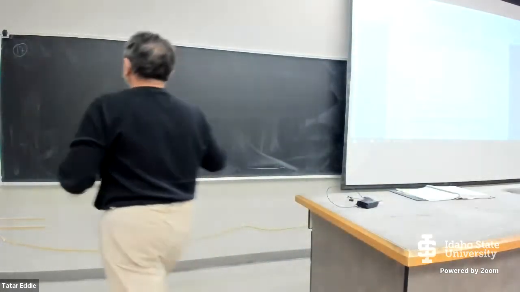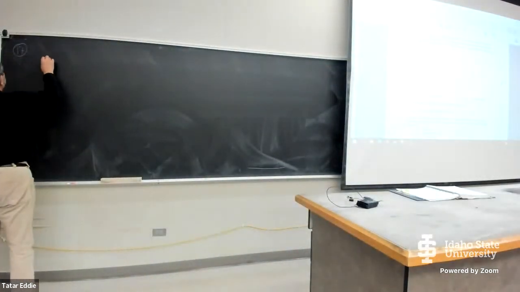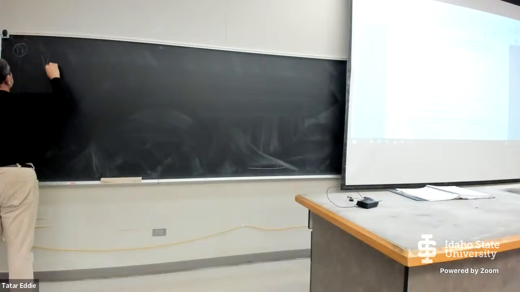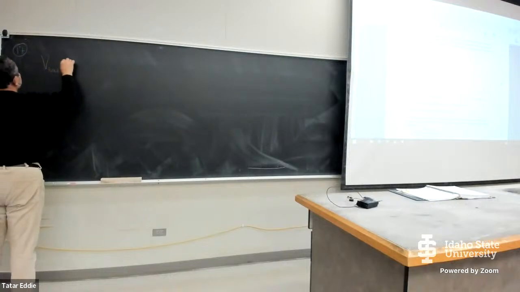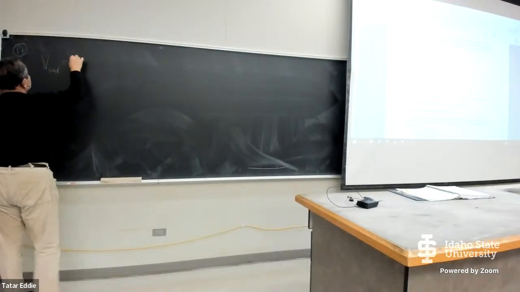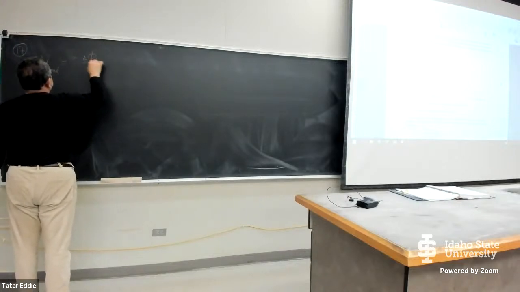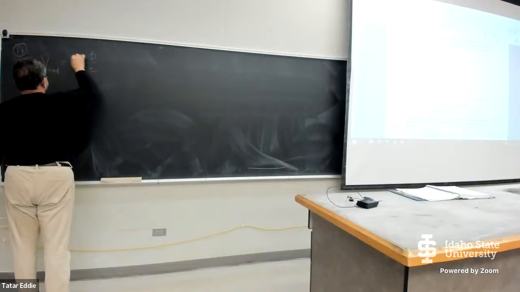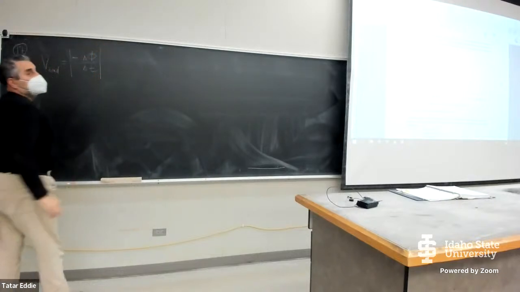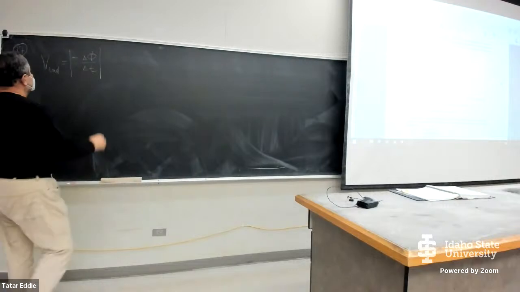Well, the induced EMF, V induced, again, is going to be in magnitude equal to delta phi over delta t with minus sign. I'm just going to find the magnitude with absolute value.